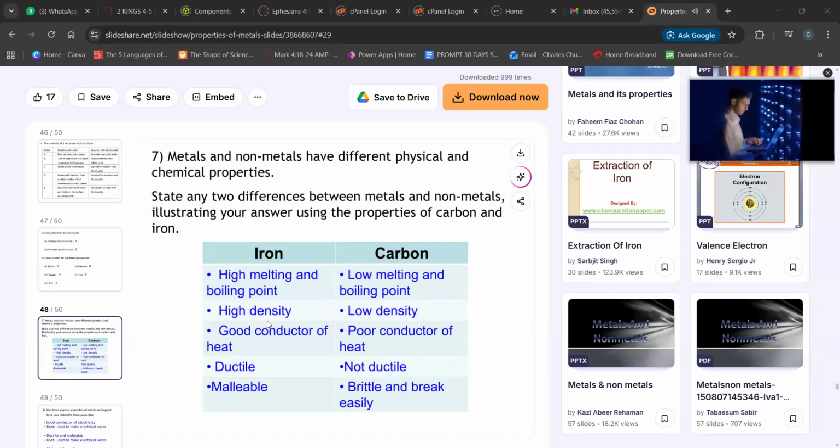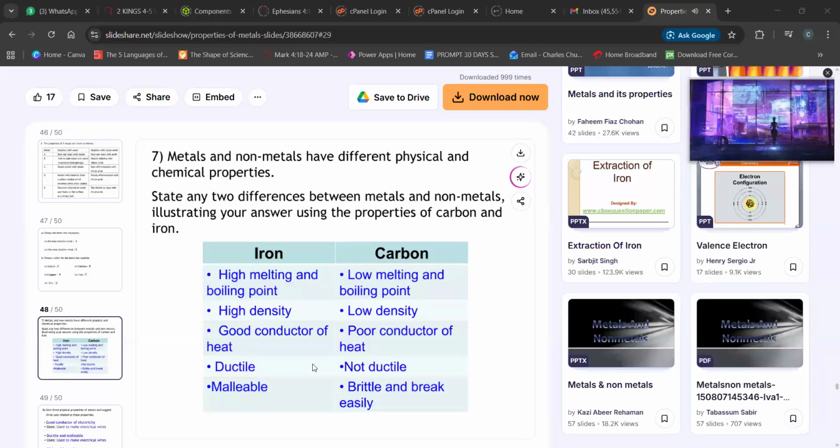Metals like iron have high density, carbon has low density. Iron is a good conductor of heat and electricity, while carbon is a poor conductor of heat and electricity generally.